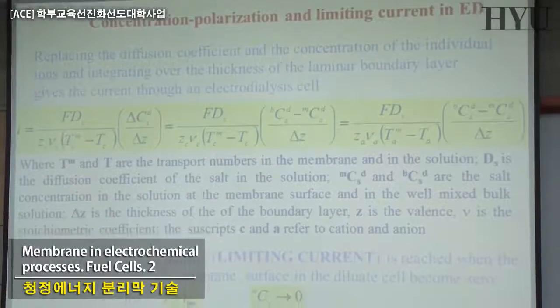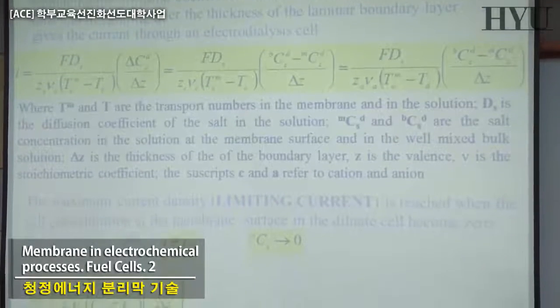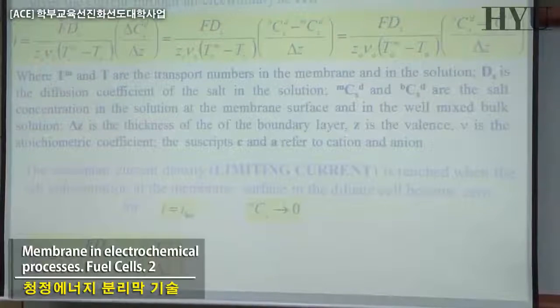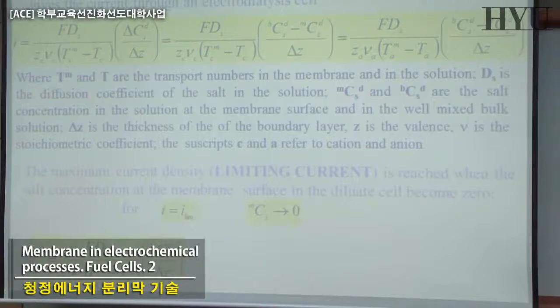The limiting current will arrive when the concentration at the membrane solution interface is approaching its limit, going to 0. It's going to 0 because the transport number in the solution is about 0.5, while the transport number in the membrane is about 1. So it can happen that the ions arriving will go through and there are not sufficient ions approaching, if you don't help the situation.